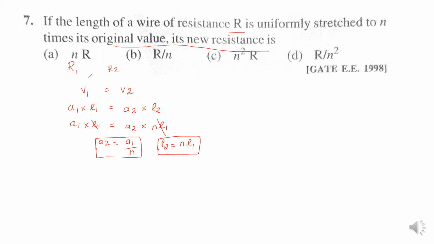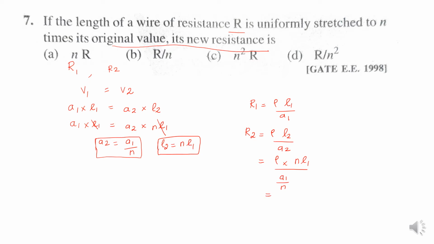Next I am going to write R1. What is R1? R1 equals rho into L1 by A1. What is R2? R2 equals rho into L2 by A2. Substitute the value of L2, n into L1, and A2, A1 by n.